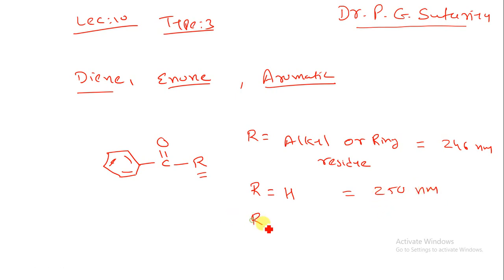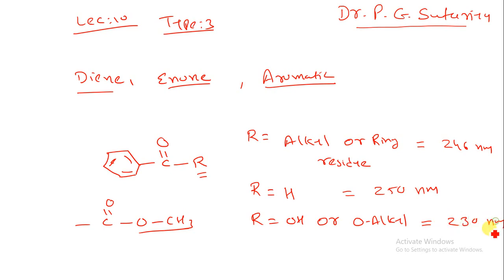If R is equal to OH group, or an O alkyl group, like C double bond O, oxygen and CH3, so this is the O alkyl group, at that time we have an ester group, and we have to add 230 nanometer.